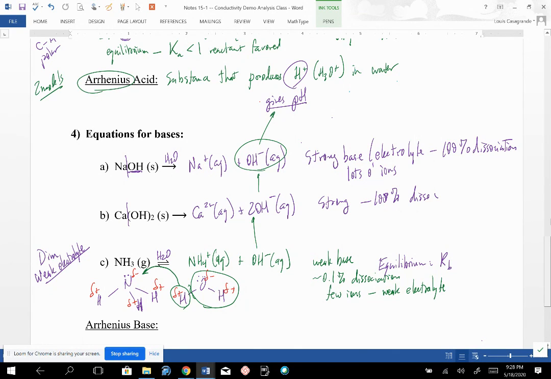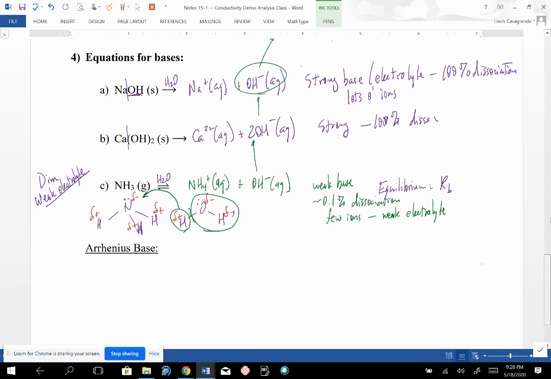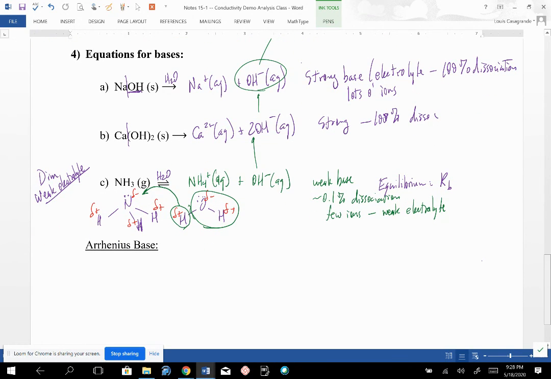So let's finish this up by writing our definition for an Arrhenius base. Now, we saw above that an Arrhenius acid is something that gave H plus in water. And so an Arrhenius base, you might reason, is going to be any substance that produces hydroxide, OH minus, in water.